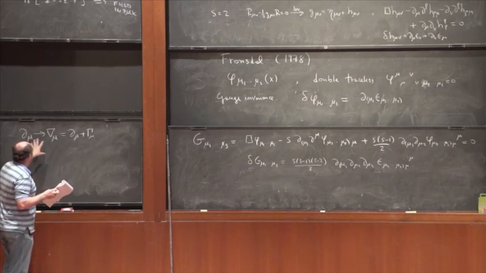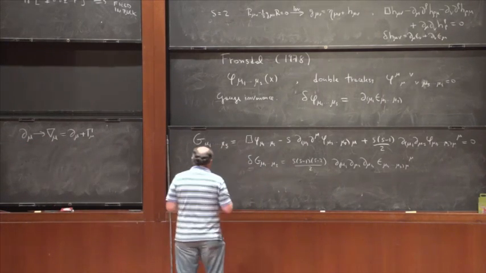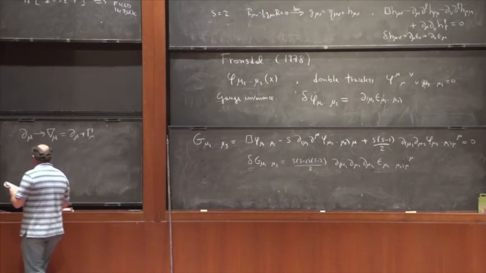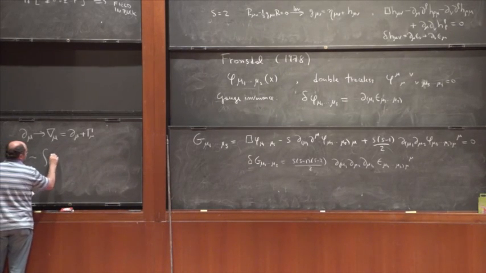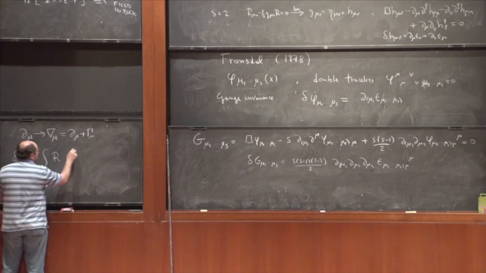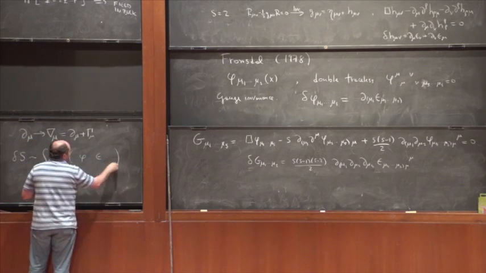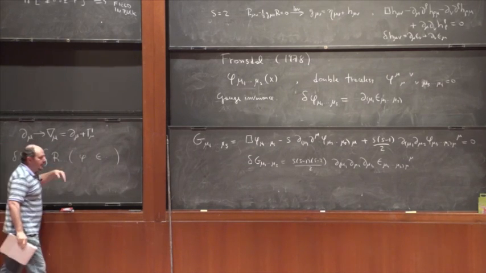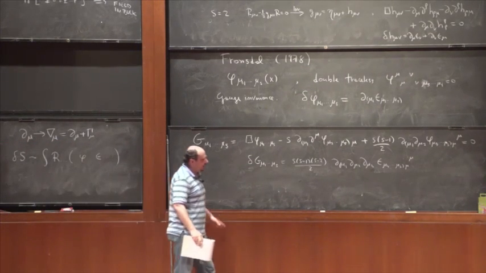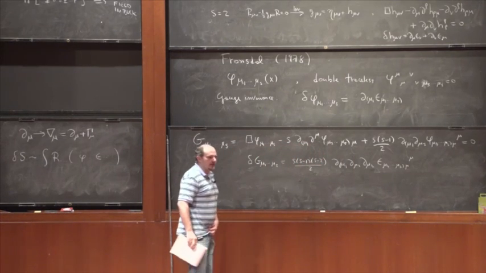If you do this covariantization in the action and study the gauge variation, then you find that the gauge variation involves the Riemann tensor contracted in some way with phi and the gauge parameter. Okay, I'm being schematic here. The point is that the gauge variation involves the Riemann tensor. And for a general, completely arbitrary metric, there is no way to compensate that.